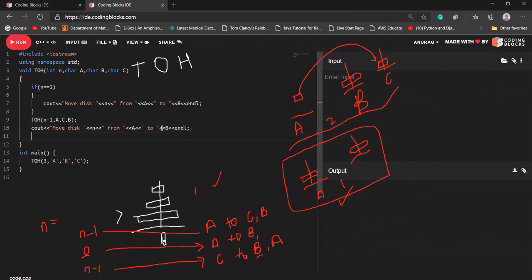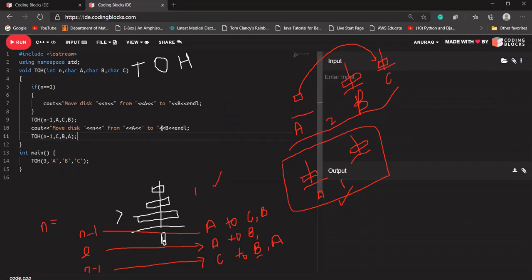Now, the n minus 1 disks that I have transferred to C, I can transfer into B with the help of A, because A is now empty.